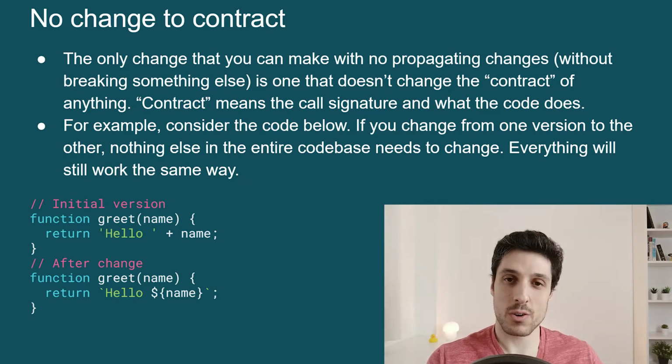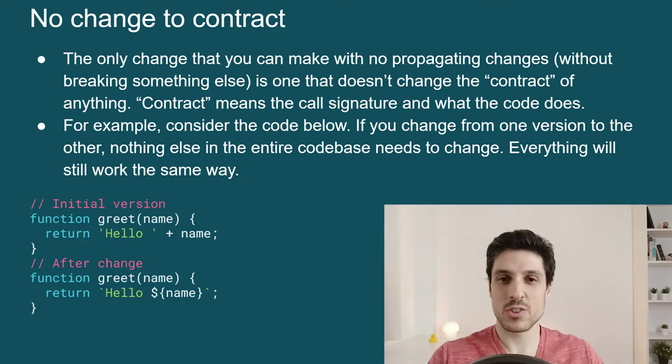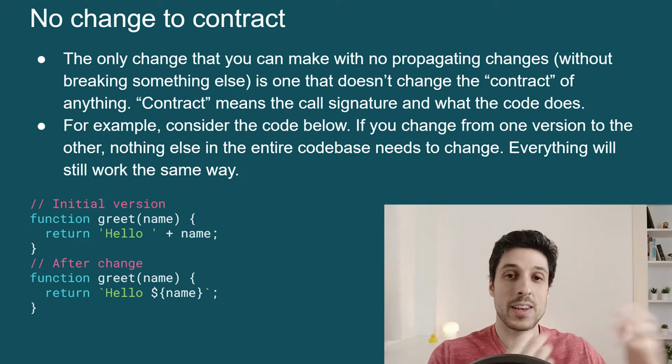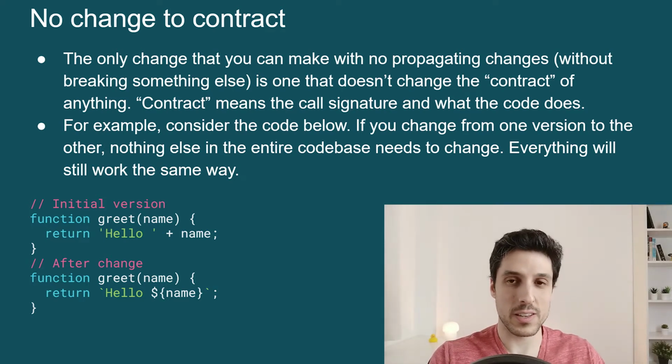If in your code base you change from the first version of this function to the second version, then nothing else could possibly be affected by this change, which means that your changes stop there. You don't have to make any other changes because you made this one. Nothing else will care about this change. So this is fine. This is the safest change you can make.